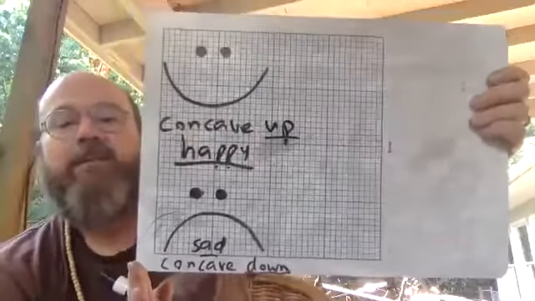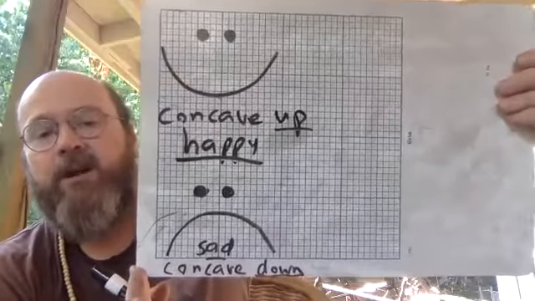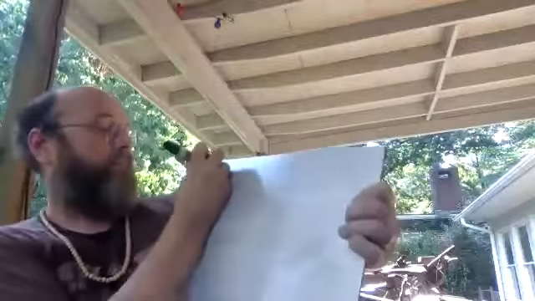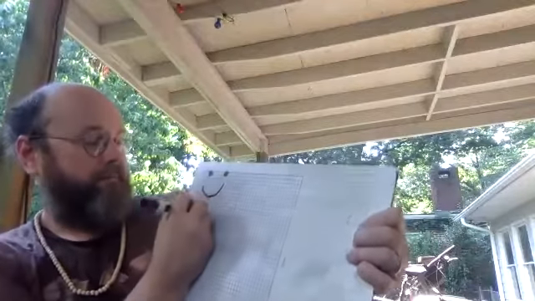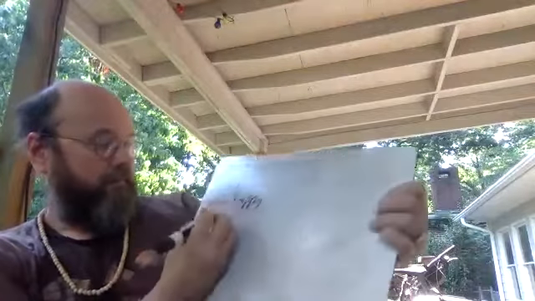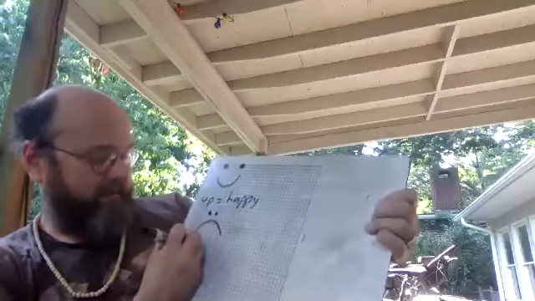This is just the vocab. It can either be concave up, concave down, or it can just be flat at a place. I'm going to come to flat. Concave up is happy. Concave down, you draw eyes above the graph and it's sad.